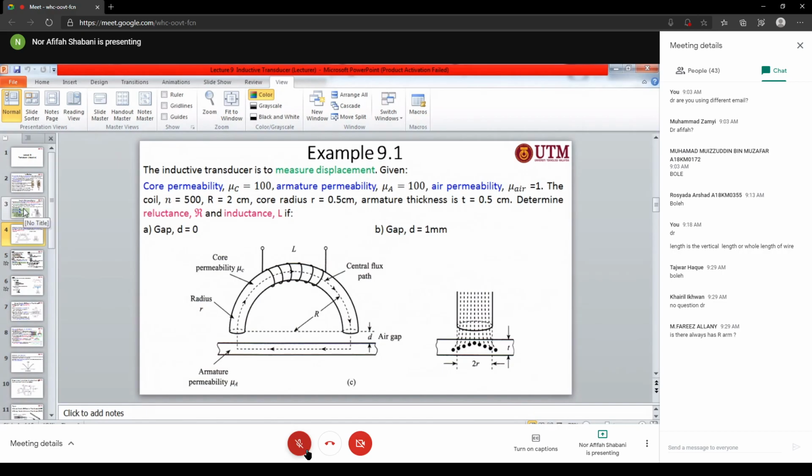For your test one, it is about some theory, so you need to be able to draw, discuss, and describe the concept of this variable reluctance.